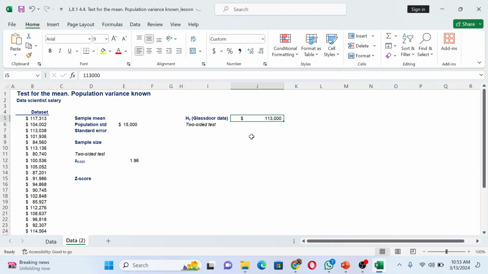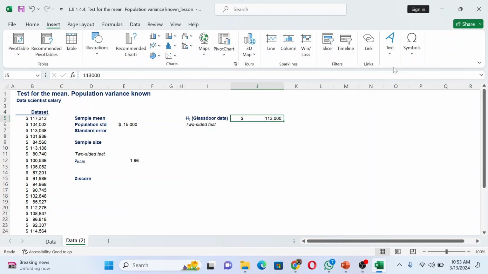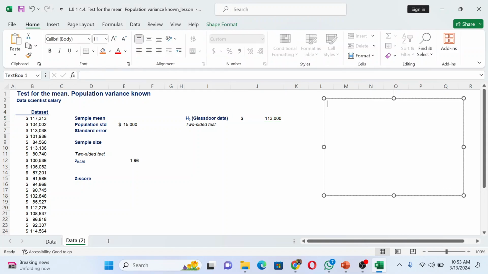Go to insert, come here where we have the text, and insert our text so that we are able to state our null hypothesis.